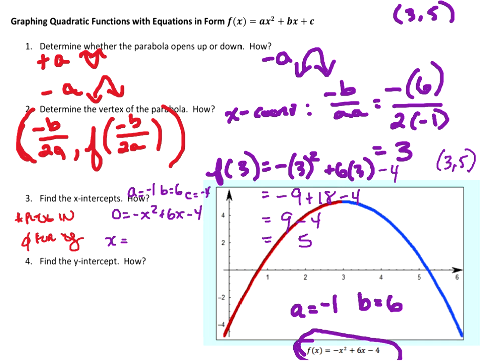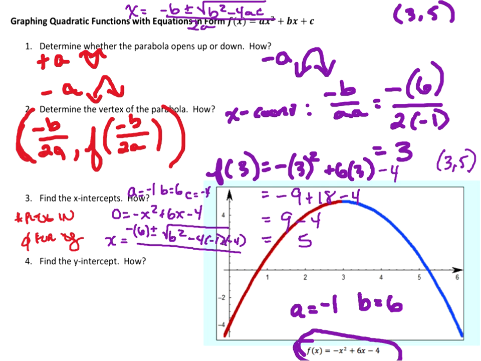X equals opposite of B plus or minus the square root of B squared minus 4AC. I'll write that at the top. The quadratic formula: X equals opposite of B plus or minus the square root of B squared minus 4AC all over 2A. So opposite of 6 plus or minus the square root of 6 squared minus 4 times negative 1 times negative 4 all over 2 times negative 1.